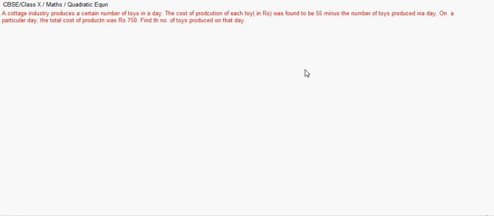Let us assume then the number of toys produced in a day to be x. So we are assuming the number of toys in a day, because that's what we have to find, to be x. The cost of production of each toy was found to be 55 minus the number of toys produced in a day.